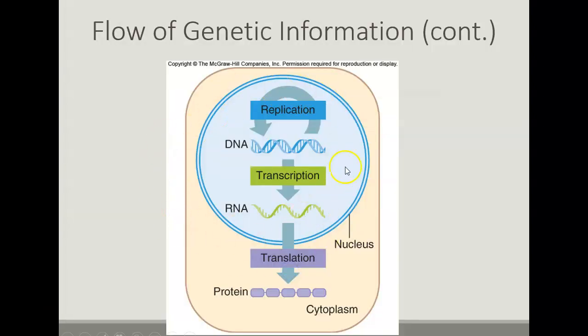So again, here's what it looks like. We have two processes here, transcription and translation. Transcription is making a copy of DNA using RNA, and translation is taking that RNA, moving it out of the nucleus to a ribosome where we're going to actually assemble some proteins.